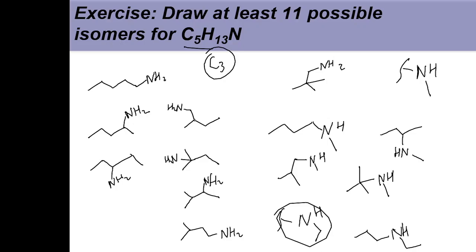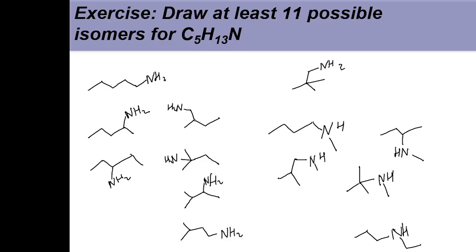Or you can even possibly have this, just to save space, the 3 carbon chain with the secondary carbon attached to the nitrogen. This nitrogen will have a hydrogen and the ethyl group on it.